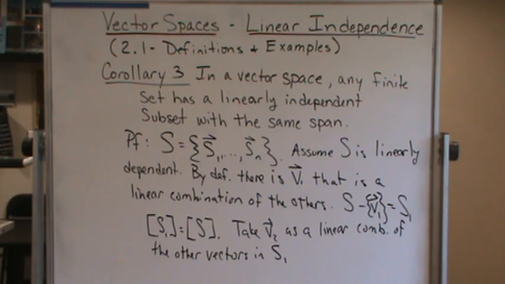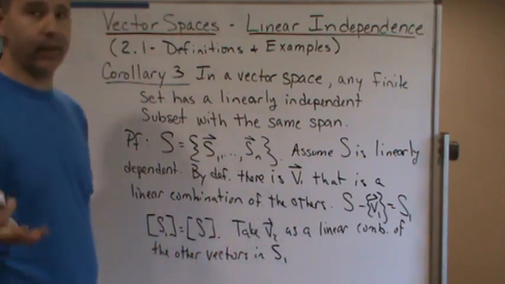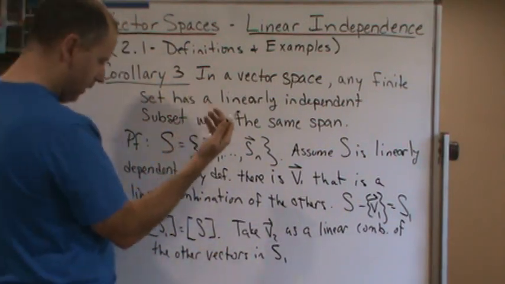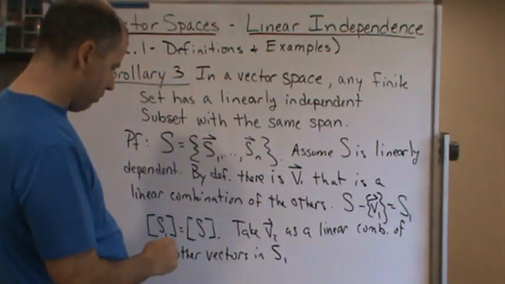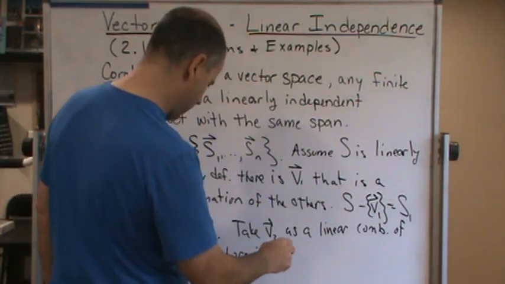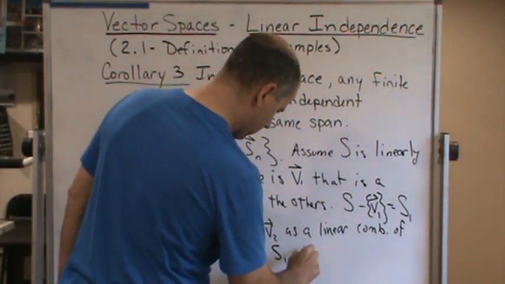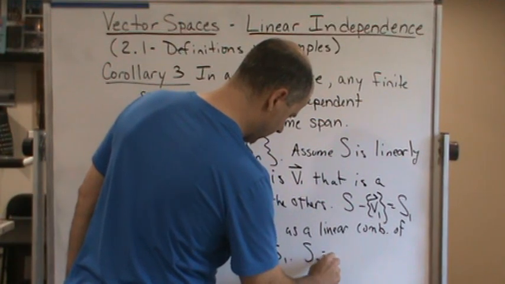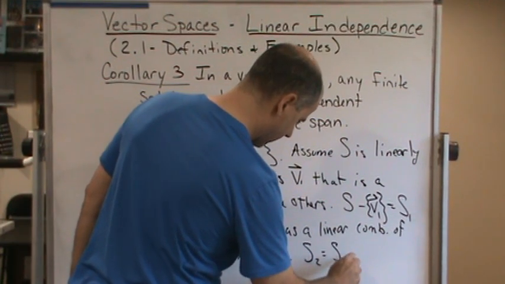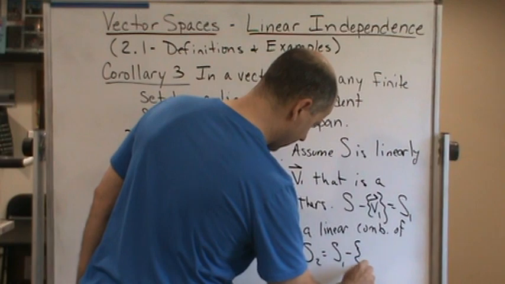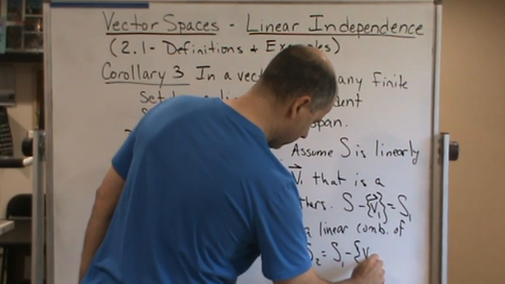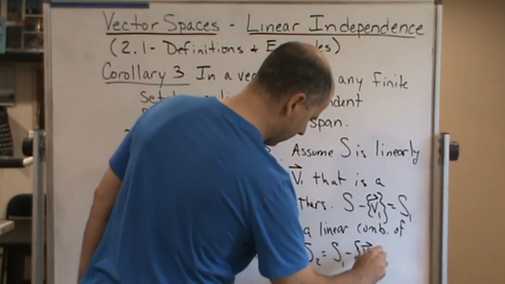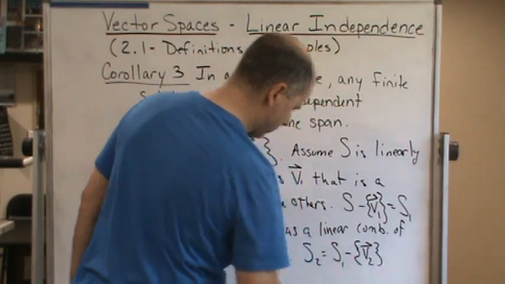Now we're going to define S2. So let S2 be equal to S1 minus the singleton set with the vector V2, right?